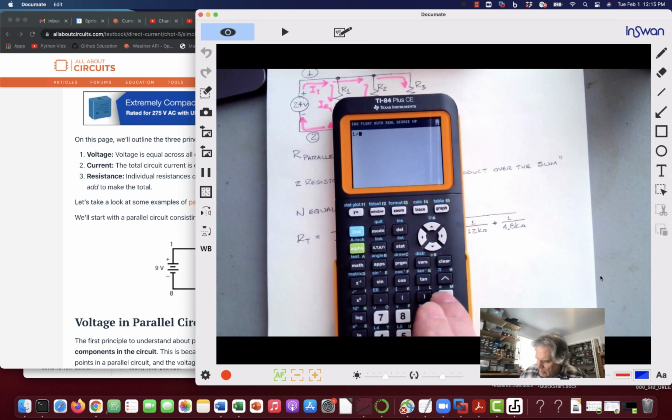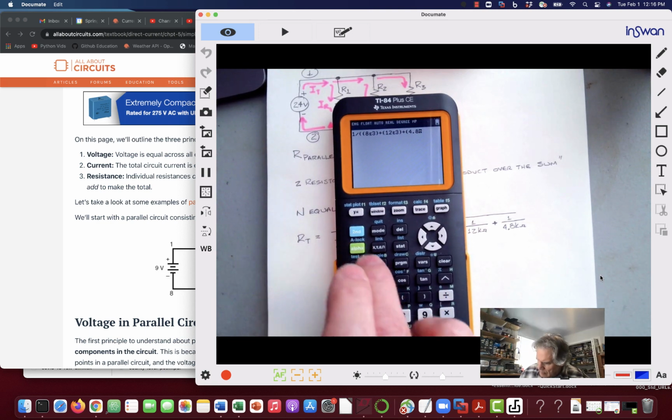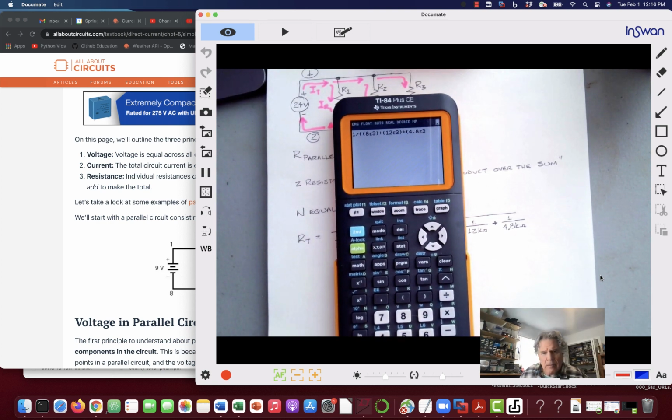It's 1 divided by the quantity 8 to the third power. Isn't it great when the teacher can't even do this stuff? Okay. Plus, start the quantity 12 times 10 to the third power. Okay. And that plus 4.8 times 10 to the third power.